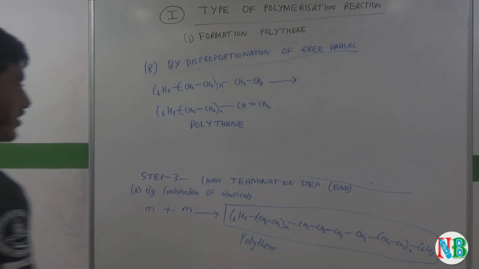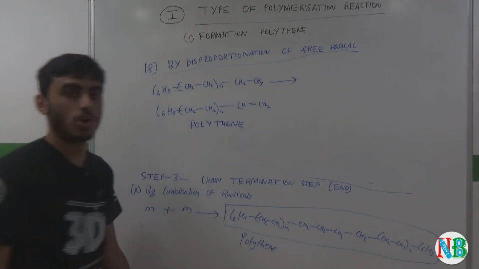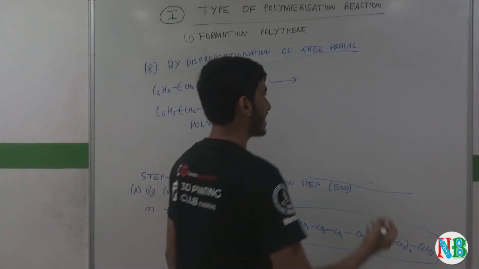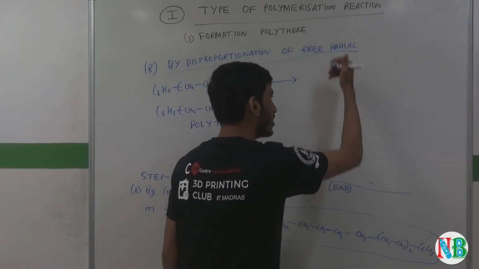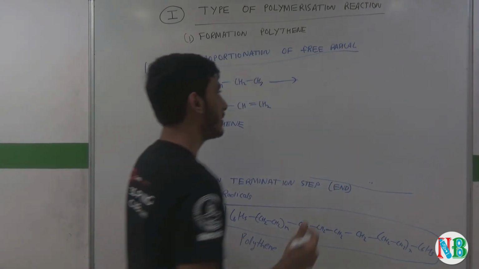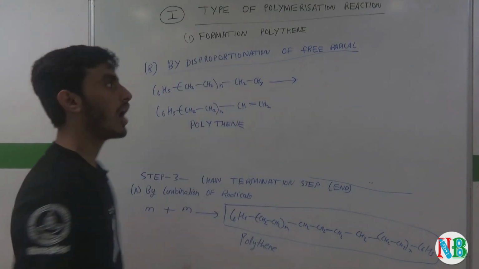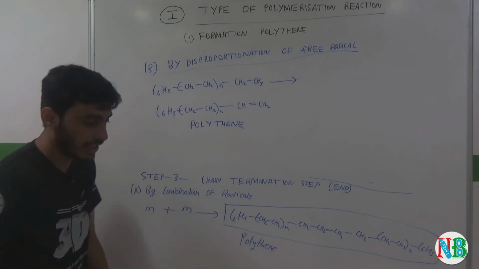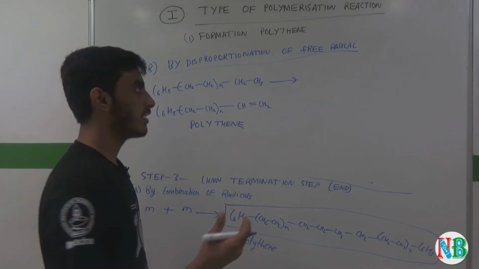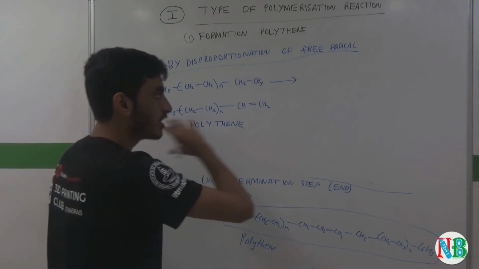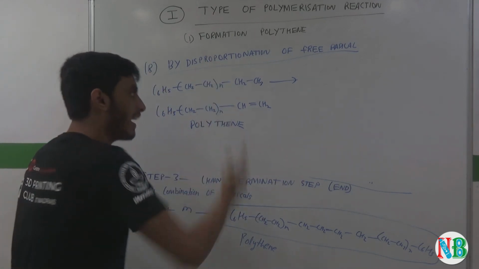Okay, so until now we saw that the addition reaction goes by free radical mechanism. So it happens in 3 steps, one after the other. The first one is the start, the second one is to make the reaction go forward, and the third is to end the reaction.